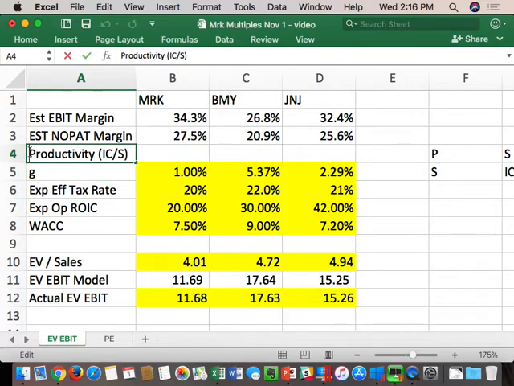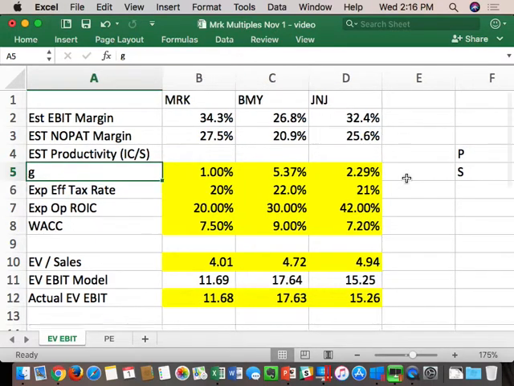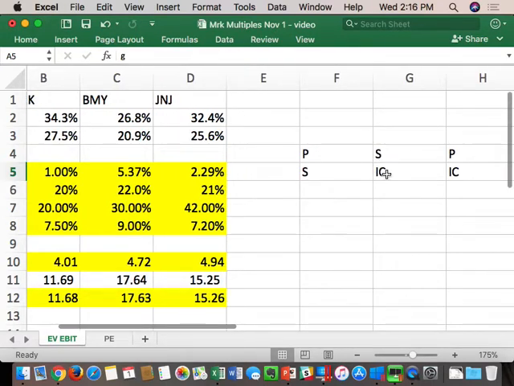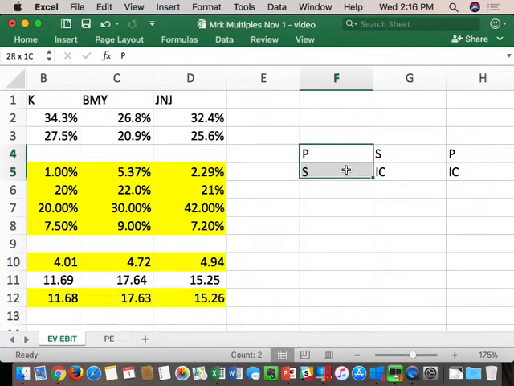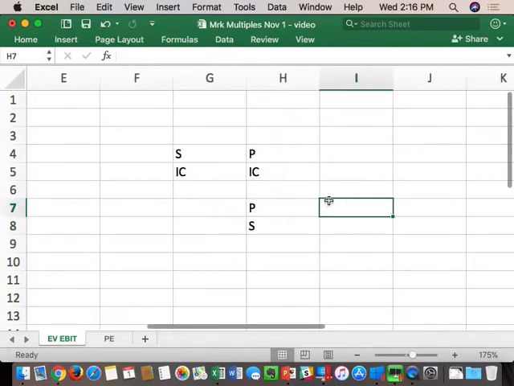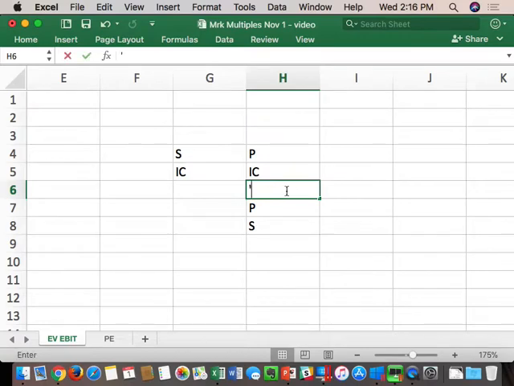And that's an estimate. All right, so here's the thing. If I go over here and I want to get S over IC, then what I do is I take P over S, I move it to the other side, and then I just divide. ROIC divided by profitability is S over IC.